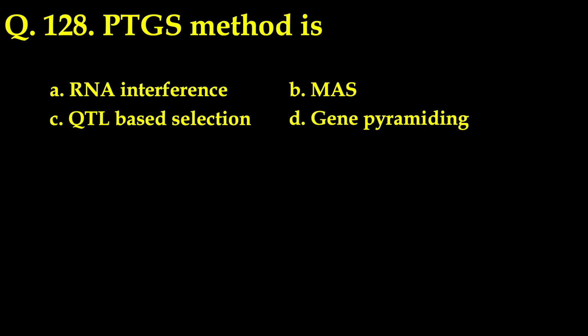This is another question, that is PTGS method. There are 4 options: RNA interference, MAS, QTL based selection and gene pyramiding. Before answering the question, let us understand what PTGS is and the meaning of these options.